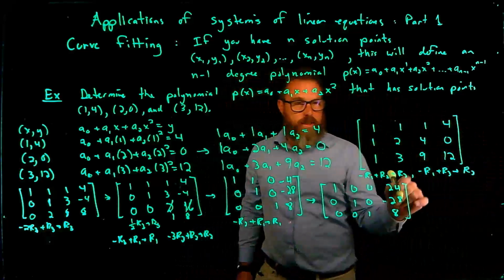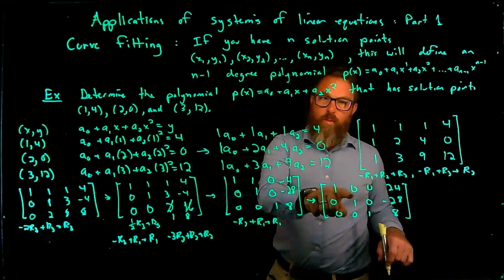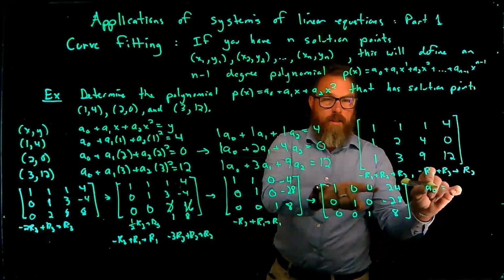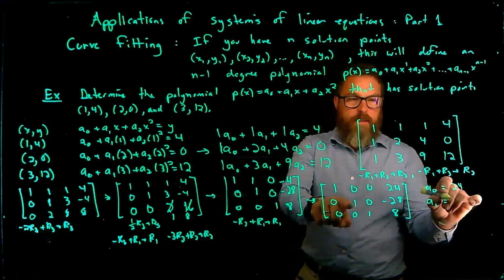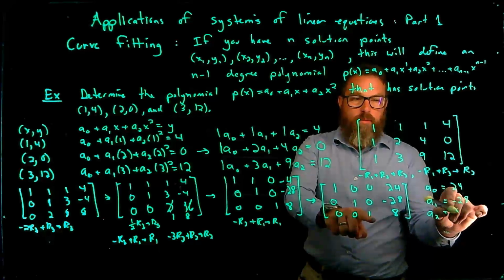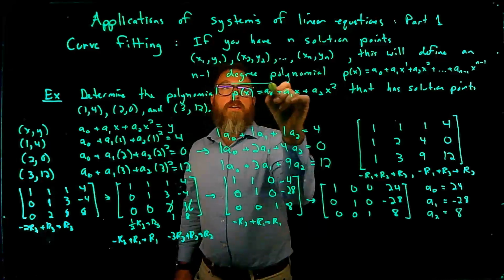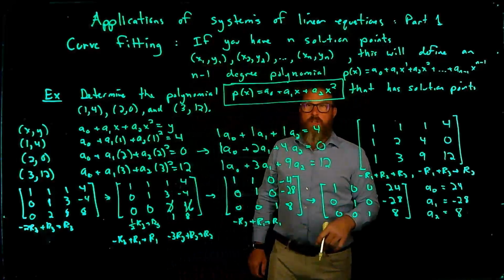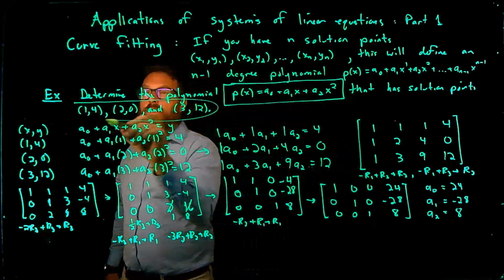What this says is, this is your A naught, A1, A2, but this just says A naught is equal to 24. This says A1 is equal to minus 28, and this one says A2 is equal to 8. So what that tells us is, remember that I'm trying to find that quadratic equation that has these as solution points.